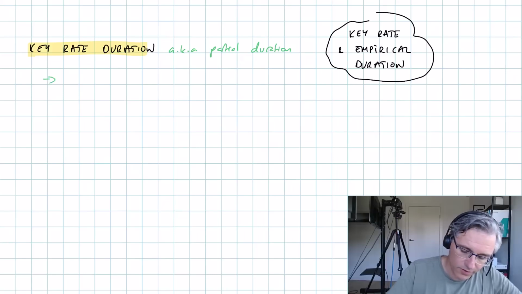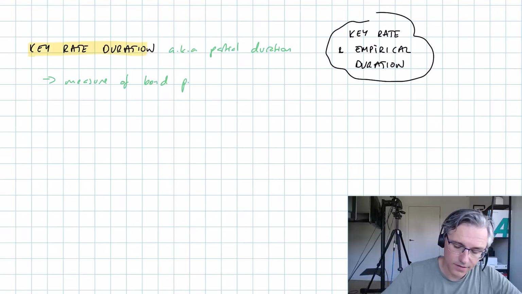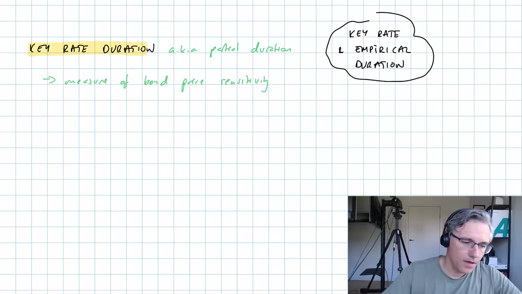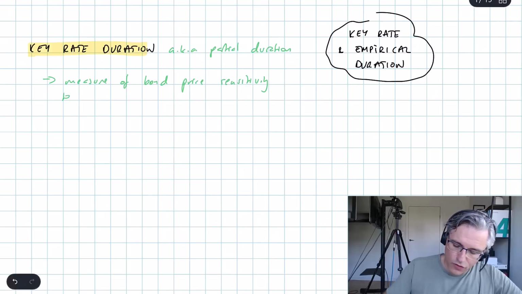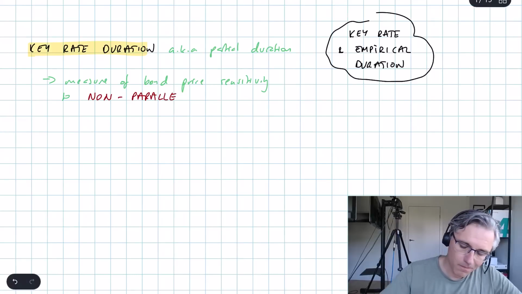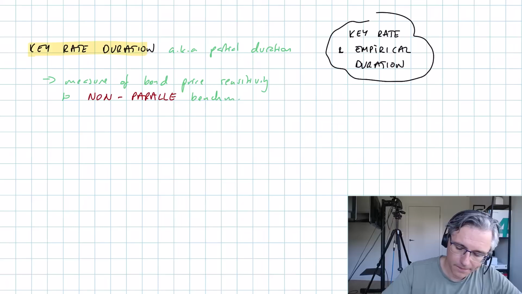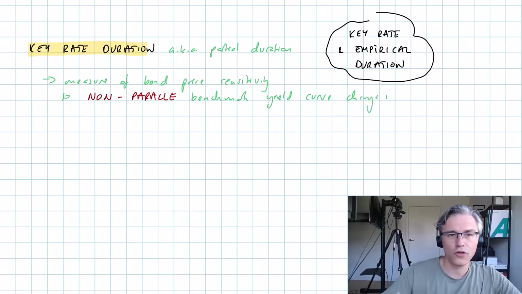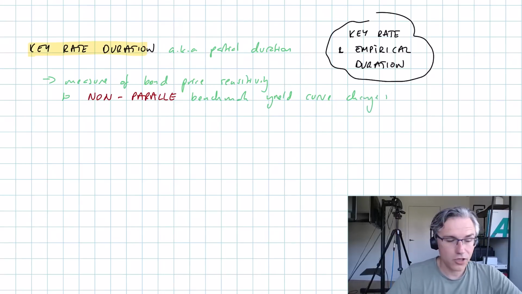And what it allows us to do is it's a measure of bond price sensitivity to non-parallel benchmark yield curve changes. We're still on the topic of curve-based measures.